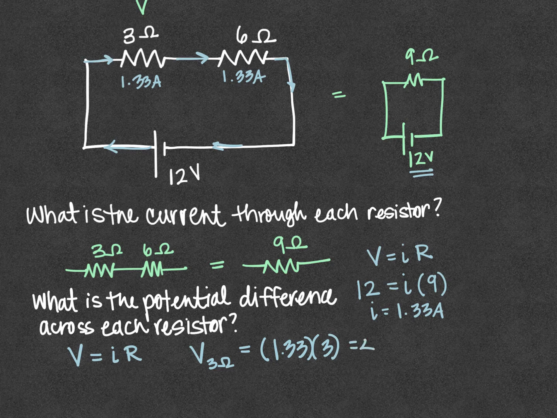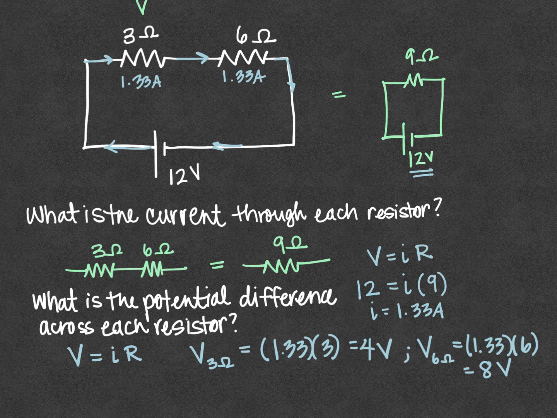This gives me 4 volts. I can do the same thing for the 6 ohm resistor, which would be that the potential difference across the 6 ohm resistor is equal to 1.33 times 6, which would be 8 volts.